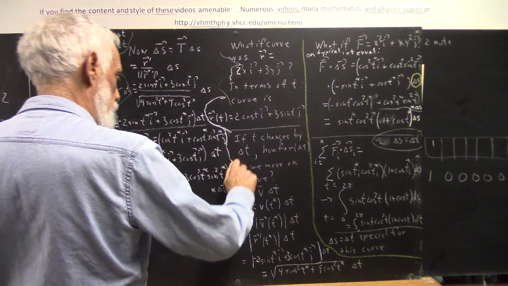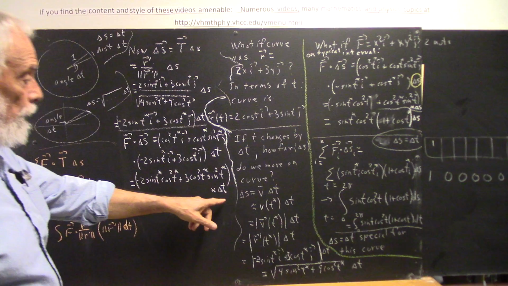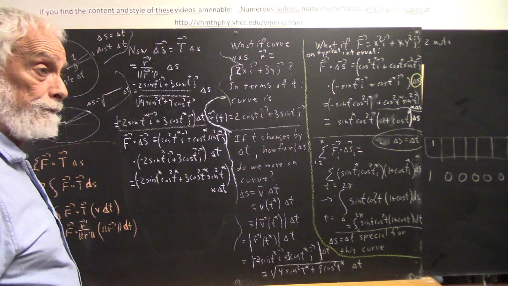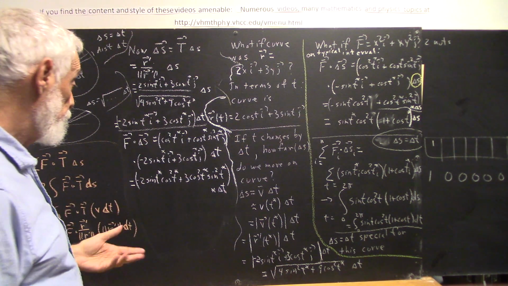I have an epidemic of not being able to give myself enough room, but that times delta t. So that's our f dot delta s.